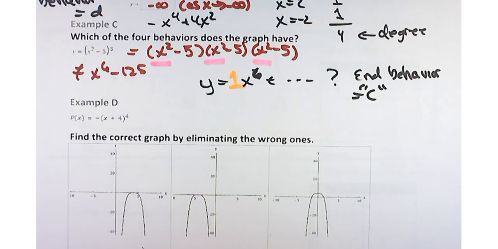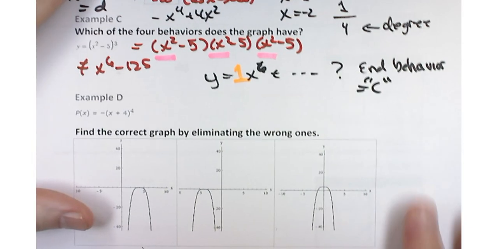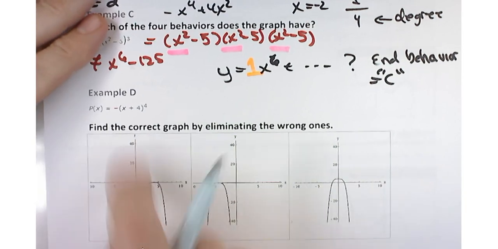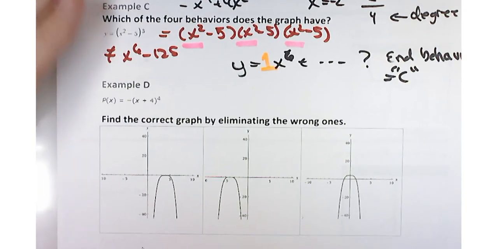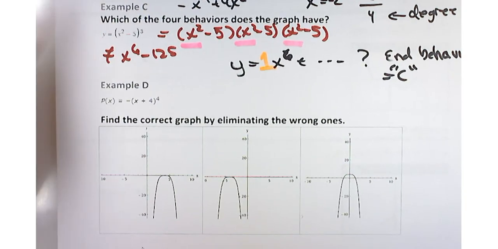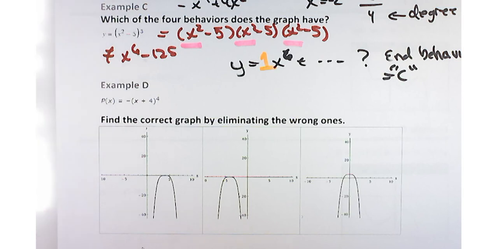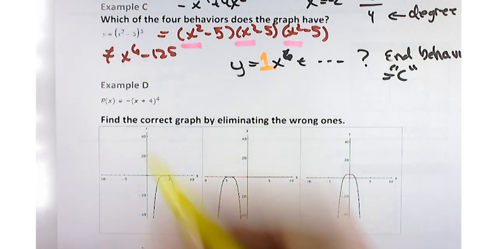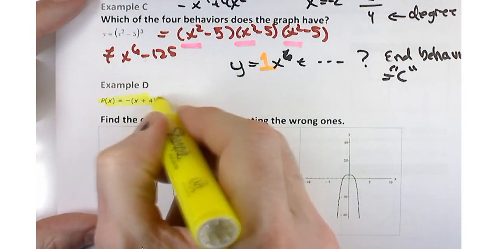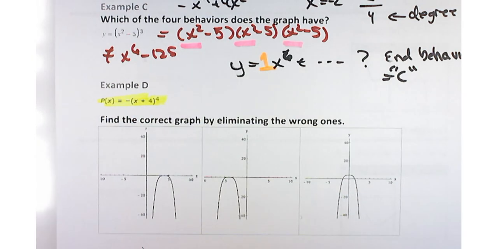All right. Let's look at this one. Are we okay with C before I move on to D? Got some nods there? Thumbs up? All right. Let's look at D. First of all, let's determine the end behavior.